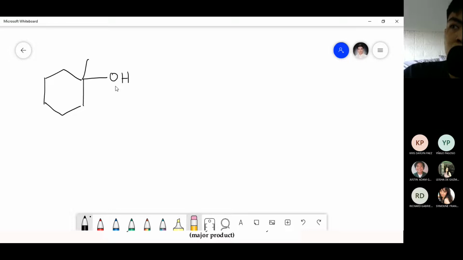So, alam nyo, itong OH, pwede siya kumuha ng hydrogen sa mga katabing hydrogen. Di ba may hydrogen dito? May hydrogen dito. Tsaka may hydrogen dito. So, pwede niya kunin yung isa sa mga yan. Tapos, dun siya mag-form ng double bond dyan o kaya dito. Okay?